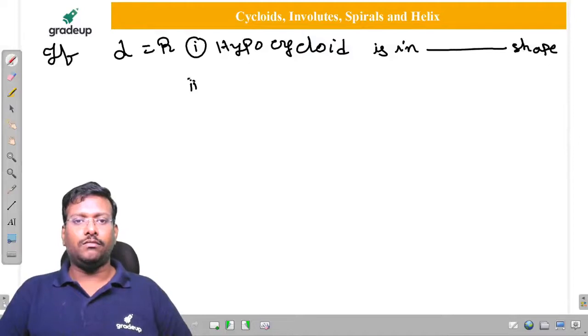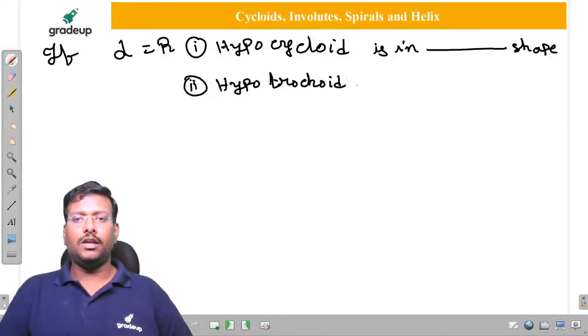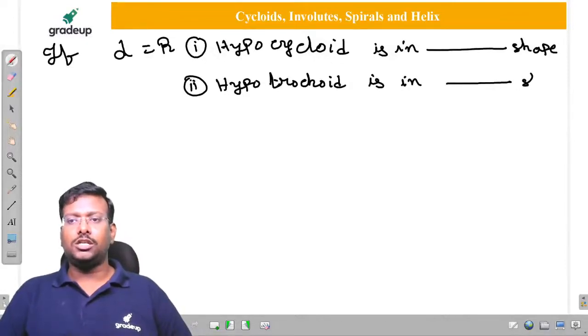Second question: hypotrochoid is in dash shape.